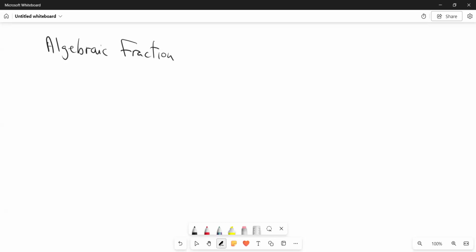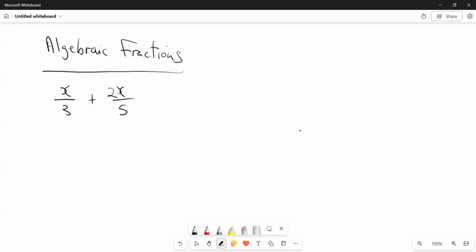Right? Let's say you have something like this. x over 3 plus x over 5. I want to put a 2 there, so no problem. Put a 2, so 2x over 5. And you have to simplify this.